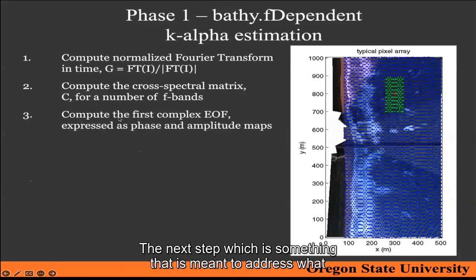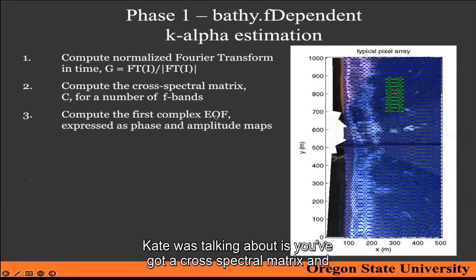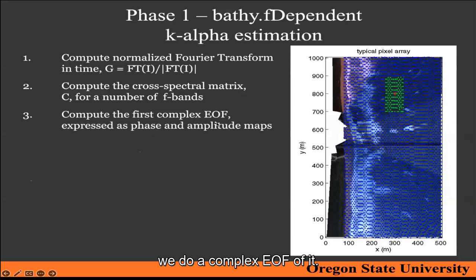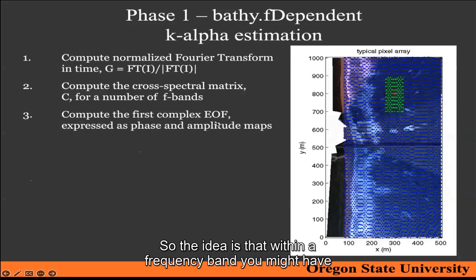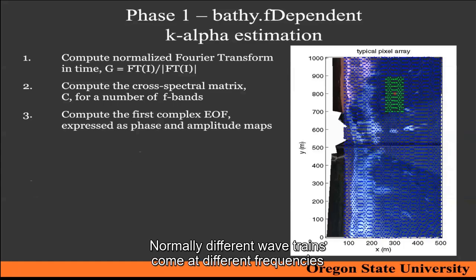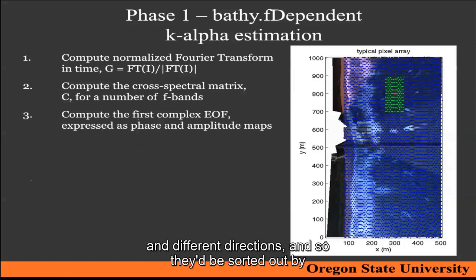The next step, which is meant to address what Kate was talking about, is you've got a cross-spectral matrix, and we do a complex EOF of it. So the idea is that within a frequency band, you might have waves. Normally, different wave trains come at different frequencies and different directions, and so they'd be sorted out by frequencies.